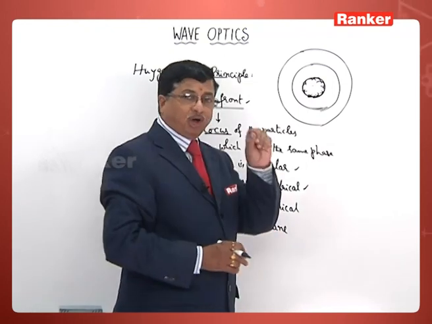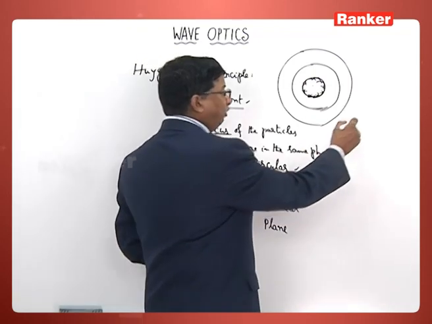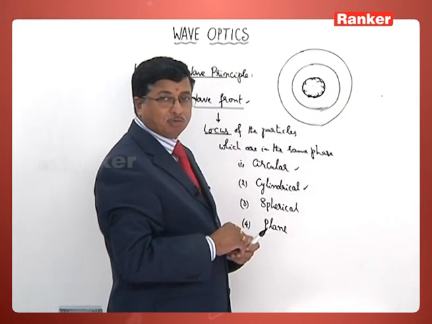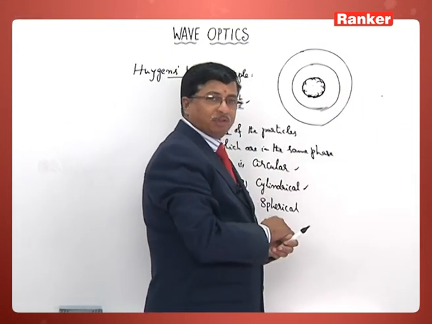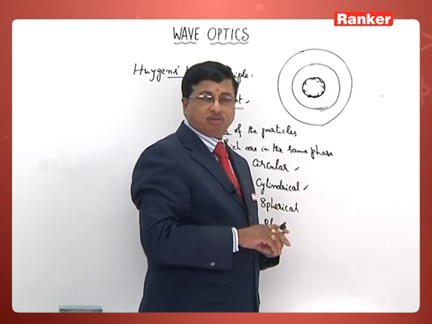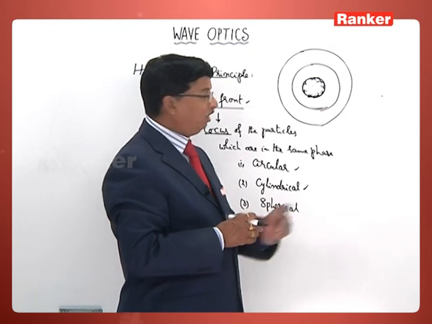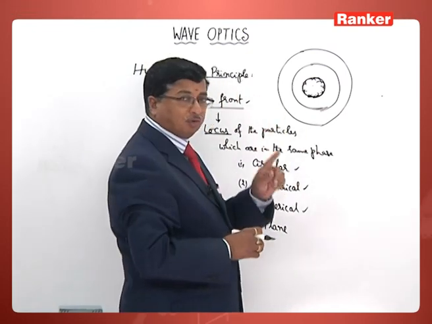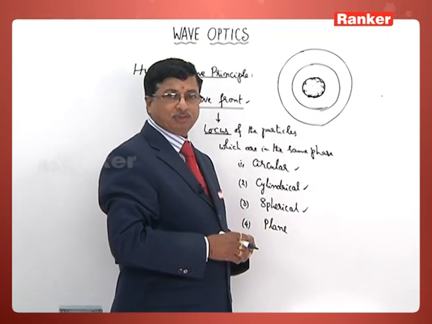A point source in space is three-dimensional, so we can imagine several circular wavefronts around it in different orientations. Ultimately, the effective shape around it is a spherical wavefront. So a point source in space gives us a spherical wavefront.